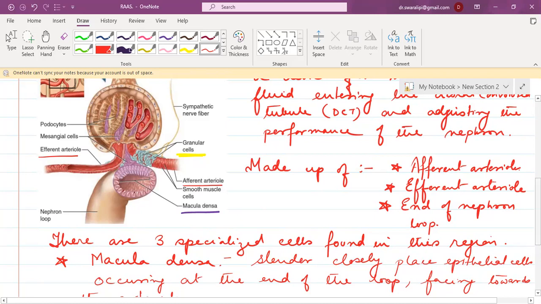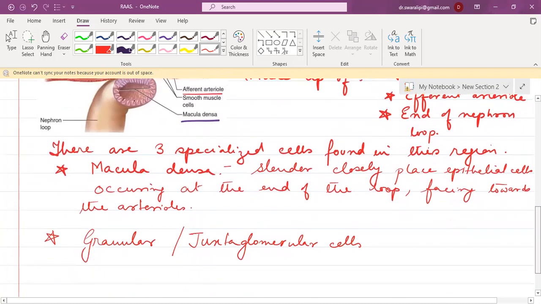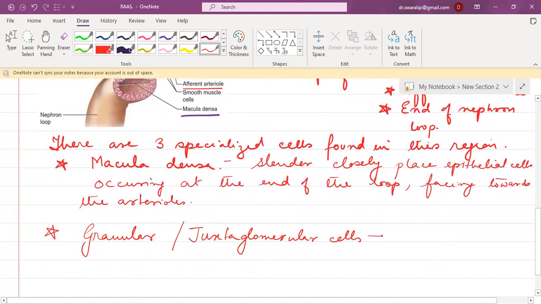The macula densa will stimulate these juxtaglomerular cells, which are enlarged smooth muscle cells.